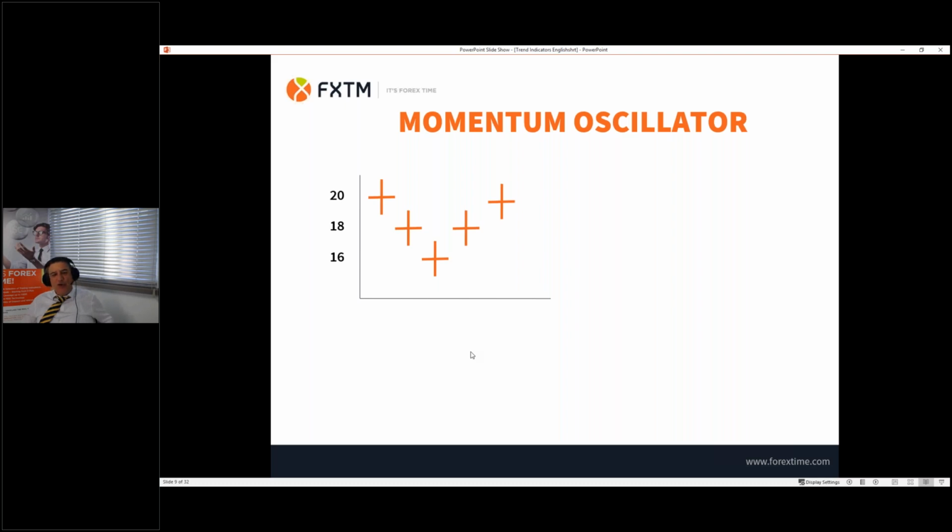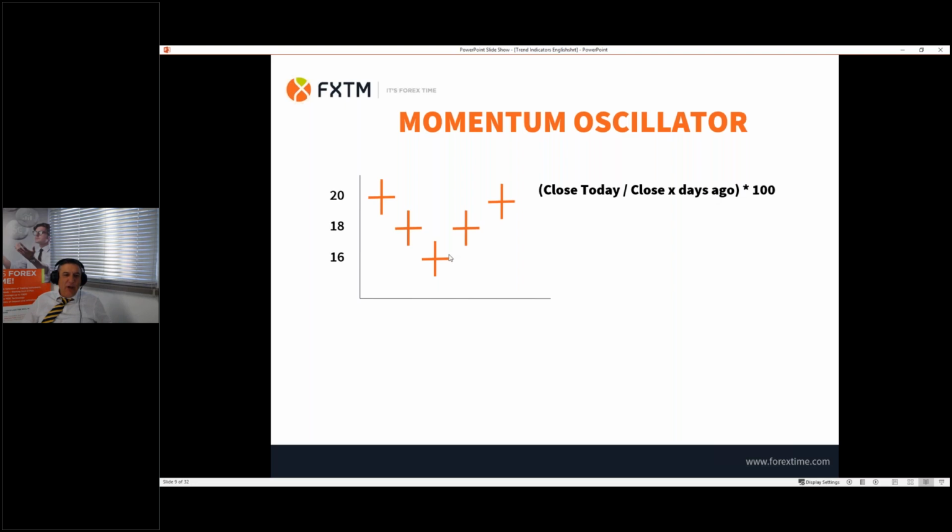Now, if we want to calculate a 3-period, I repeat, a 3-period momentum oscillator, then the formula goes like that. We take the closing price and divide it by the closing price 3 periods in the past. And then we multiply by 100.